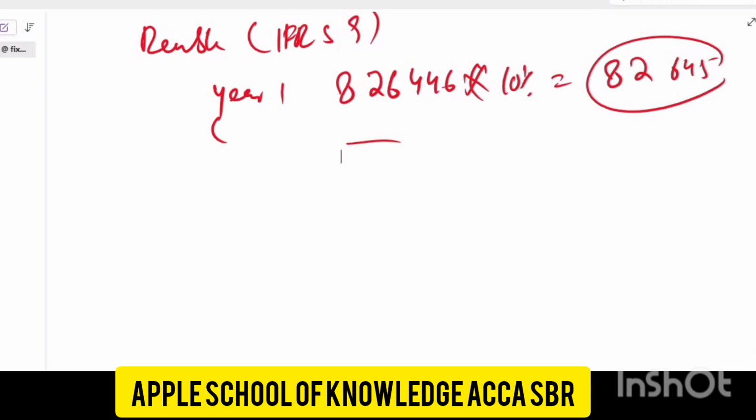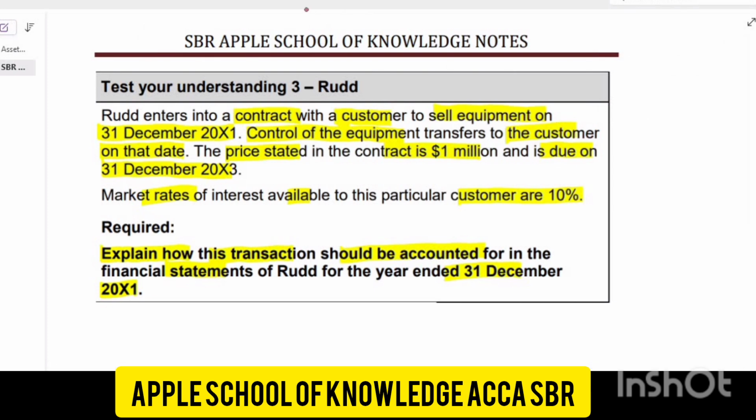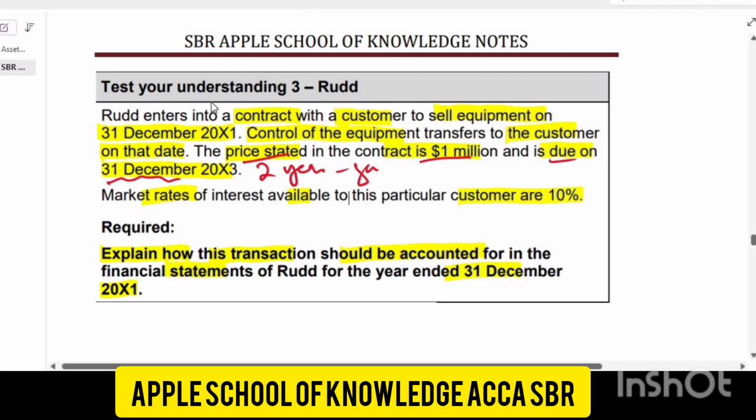Okay, so in this question you have seen that the price is stated in the contract, and it is due on 31st December, so there is a 2-year gap, which means there is a financing component, and that should be considered in the transaction price.